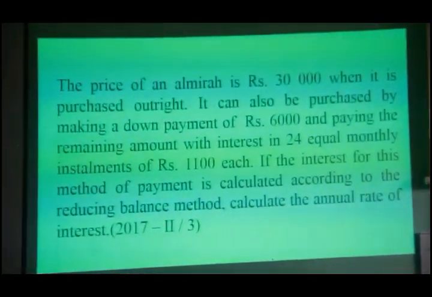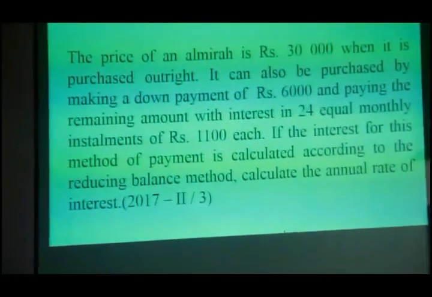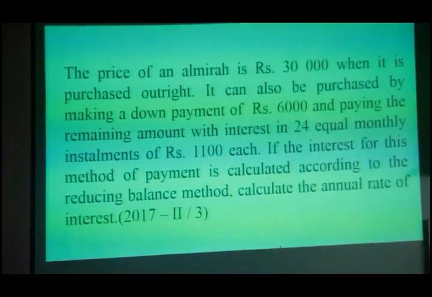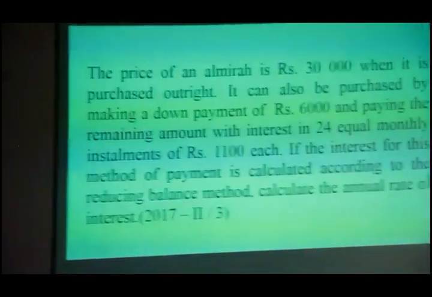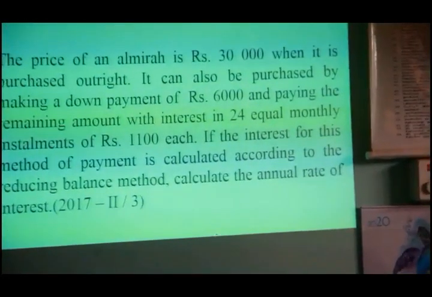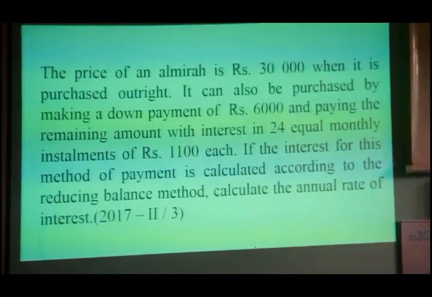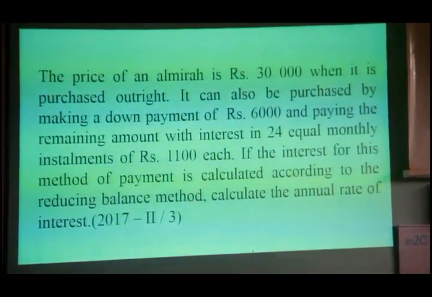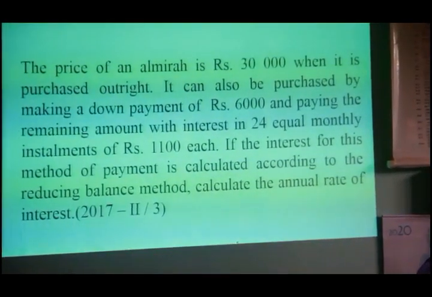It can also be purchased by making a down payment of rupees 6,000 and paying the remaining amount with interest in 12 equal monthly installments of rupees 1,100 each. If the interest for this method of payment is calculated according to the reducing balance method, calculate the annual rate of interest.